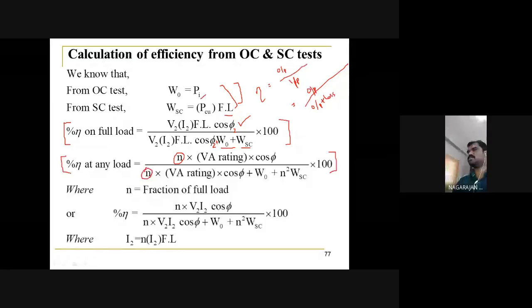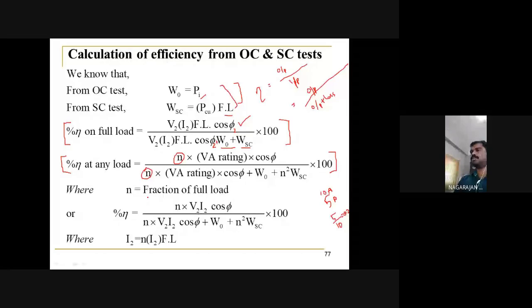If a 10 ampere transformer is loaded only up to 5 amperes, the fraction of load is 5 by 10, which is 1 by 2.